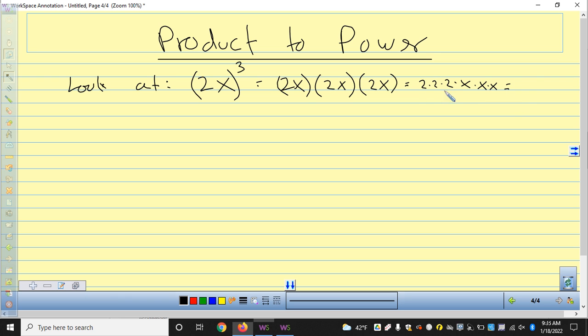Well, 2 times 2 times 2 I can write as 2 to the third, and x times x times x I can write as x to the third. So what I've done here is raised each of these to the third power. It's kind of like it's being distributed. 2 to the third we can write as 2 times 2 is 4 times 2 is 8, x to the third.